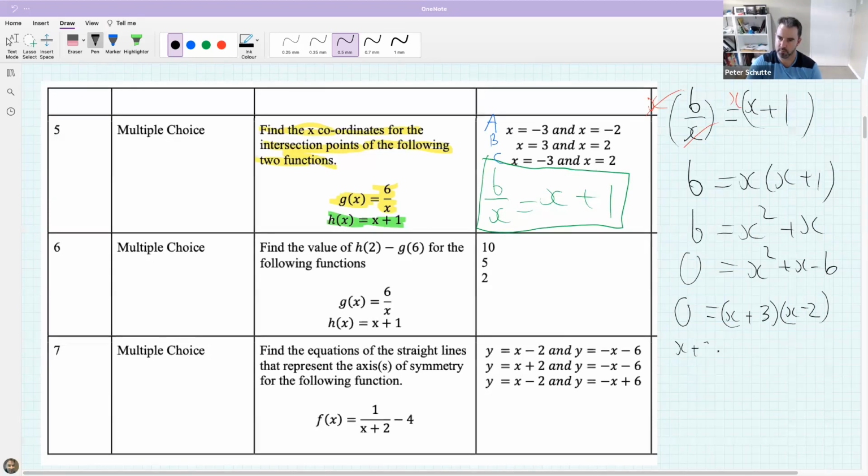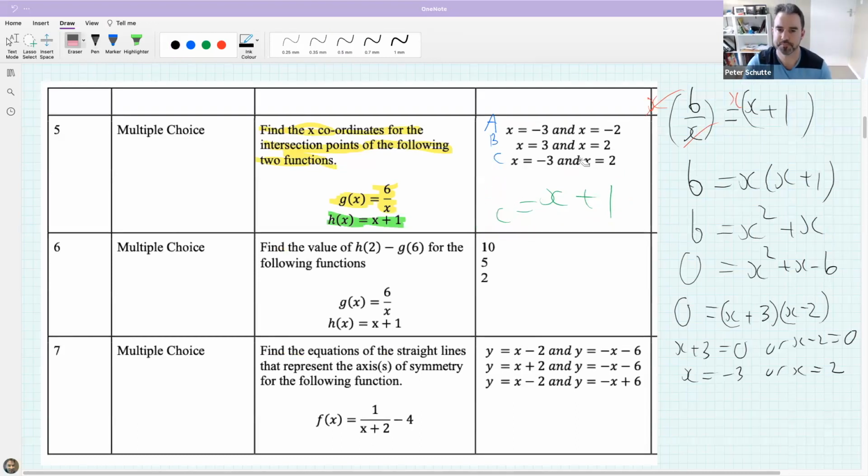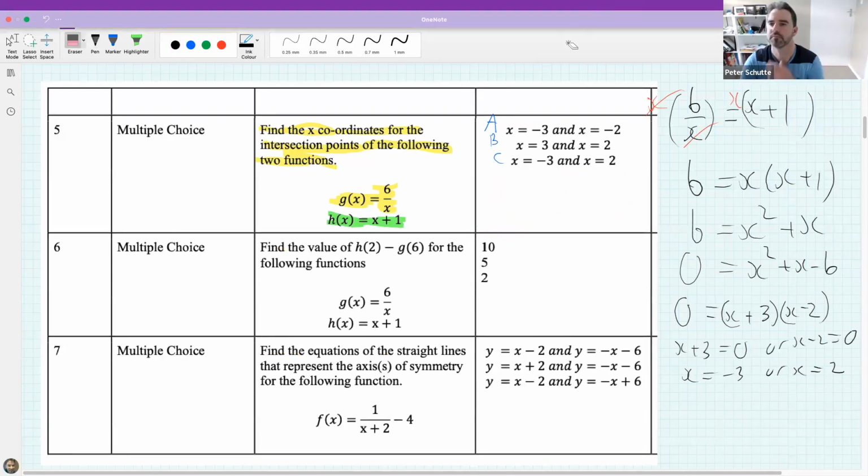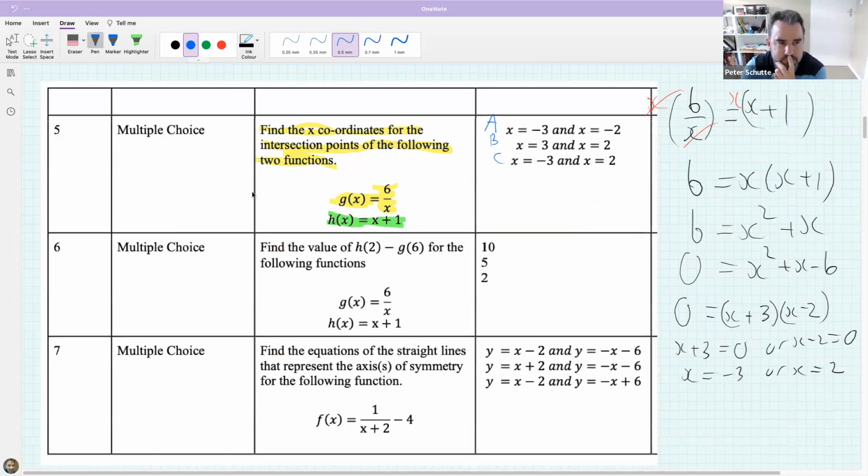So x plus 3 is 0, or x minus 2 is 0. So which of the 3 options do we think it is? x is -3 or x is 2. So to me, it looks like 5C.